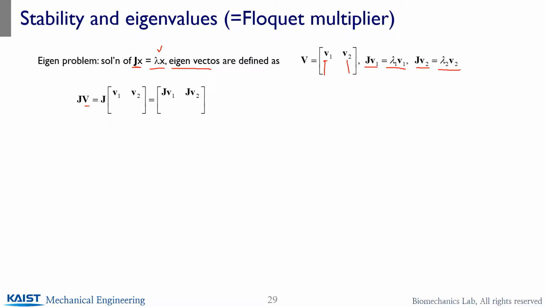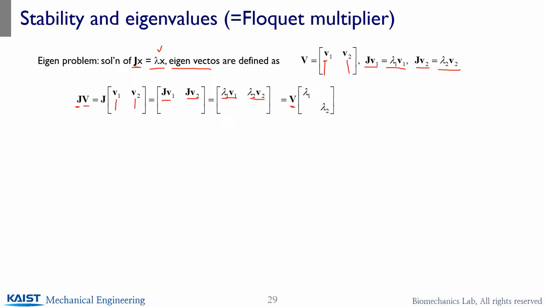So if you multiply the Jacobian by the eigenvector matrix, which is the matrix of v1 and v2, that gives J v1 and J v2. By definition, that is lambda 1 v1 and lambda 2 v2.